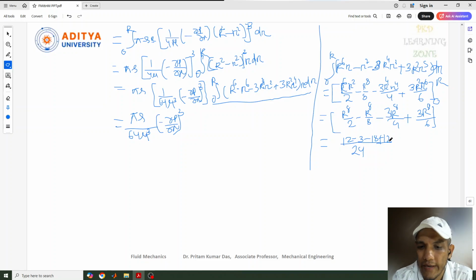So how much are we going to get here? 12, 3, 18, 12 divided by 24. If you solve this, 12 is going to cancel, so minus 18, and this is the minus part.